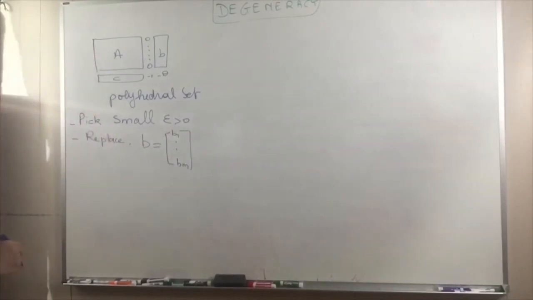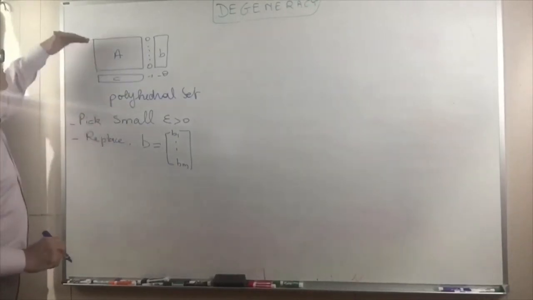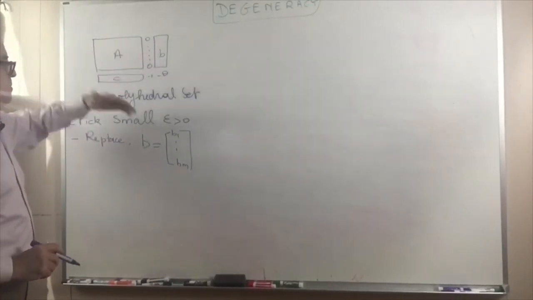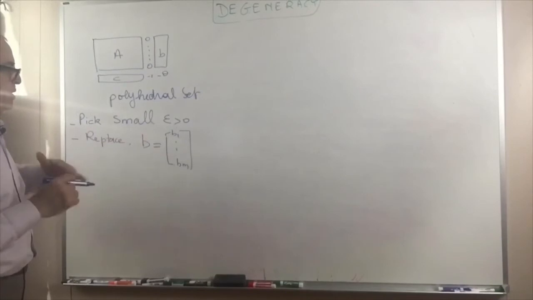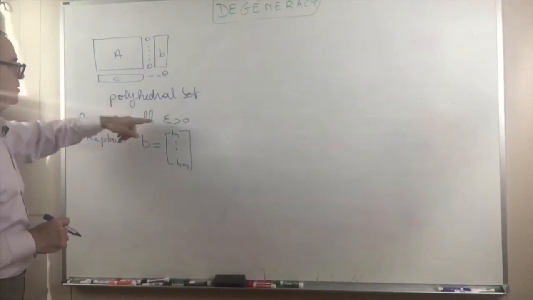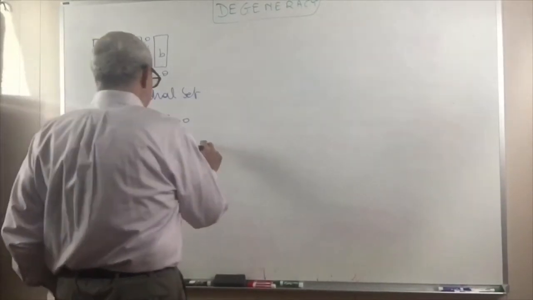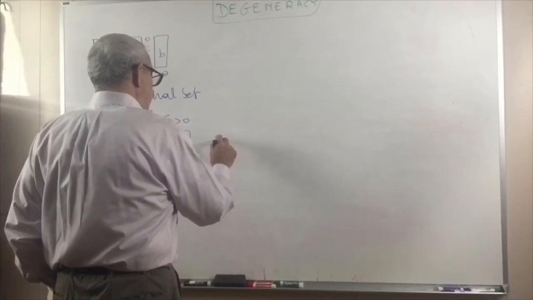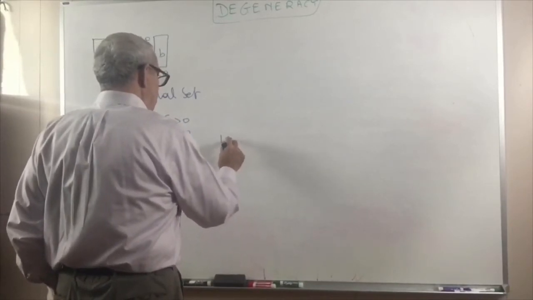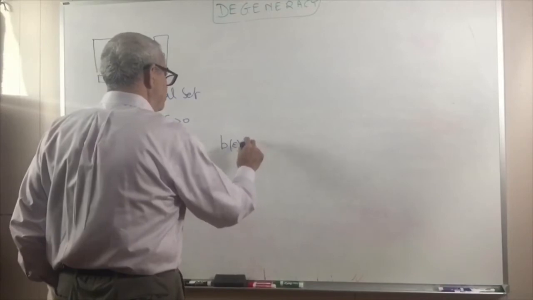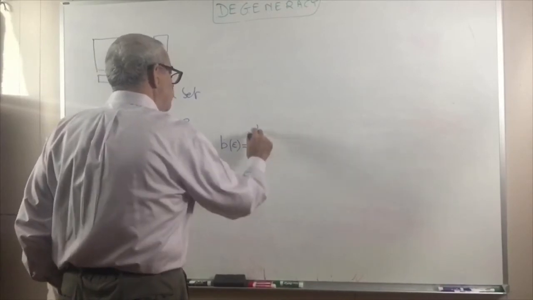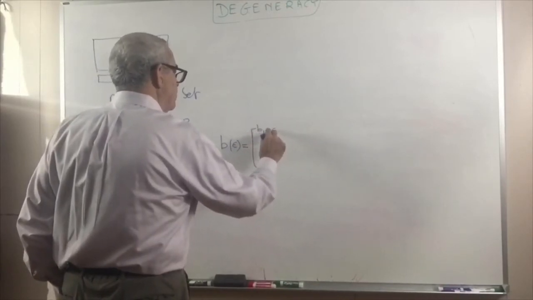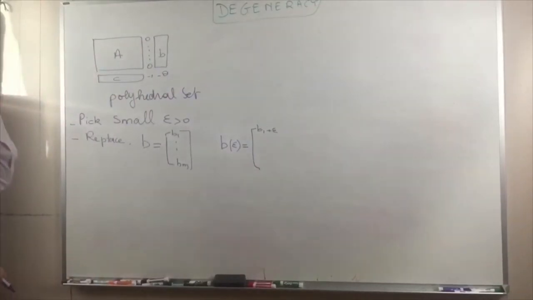I'm going to do the same thing. The first equation represents a hyperplane, and it's equal to b1. I'm going to move that hyperplane by a small amount, epsilon. Let's call it b of epsilon. So I'm going to do b1 plus epsilon. So that's the first hyperplane.